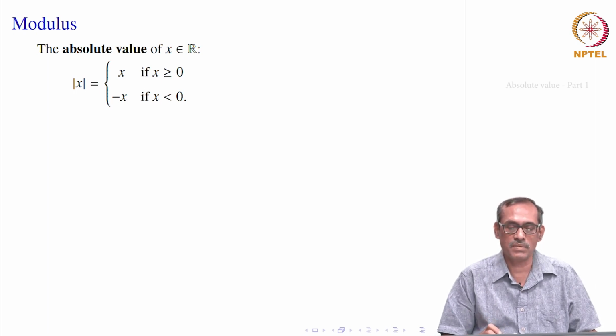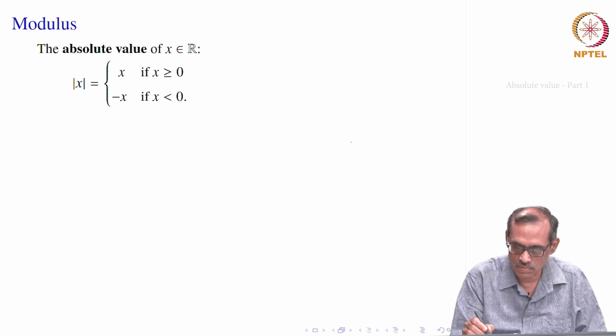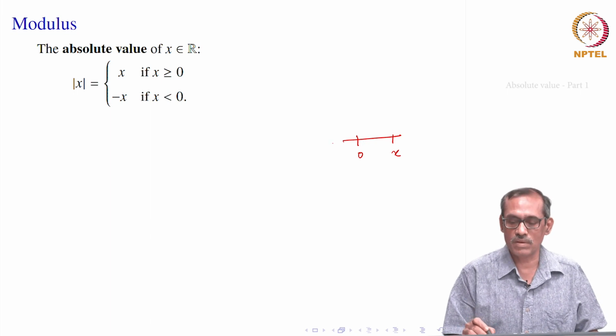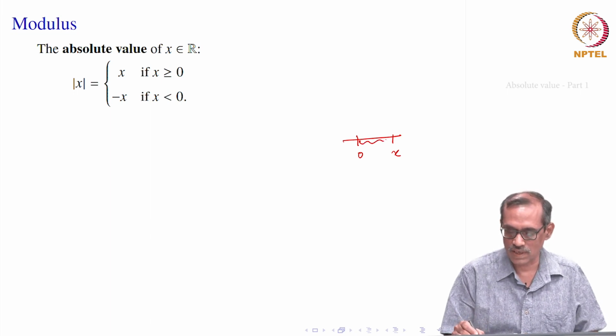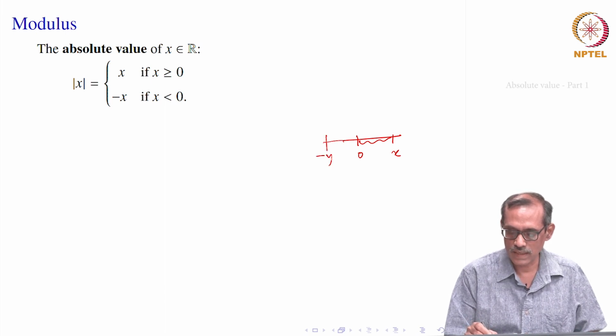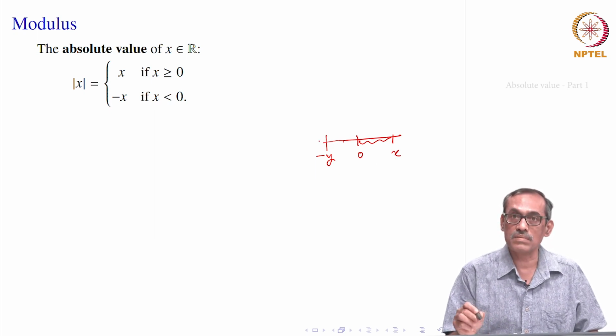So, this absolute value really finds out the distance of the real number from 0 on the real line. Suppose you take the real line, you have 0 here, you take x here, which is positive, then the absolute value of x will be equal to x, which is equal to this distance itself. And if it is negative, say here it is minus y, then its absolute value will be equal to y.